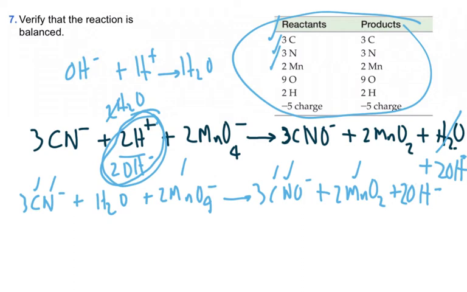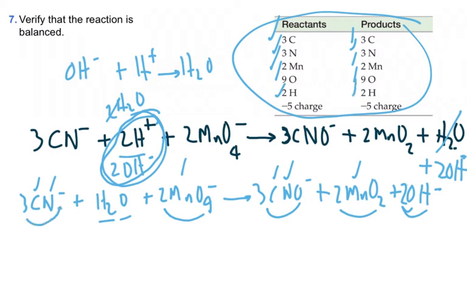I got here 8 oxygens plus 1 more, so there's 9. And on this side, I got 3 and 4. That's 7, 8, 9. So we got 9 oxygens on each side. And for hydrogen, we got 2 over here and 2 over here. So that's balanced. Then the last thing we need to do is check the charges.